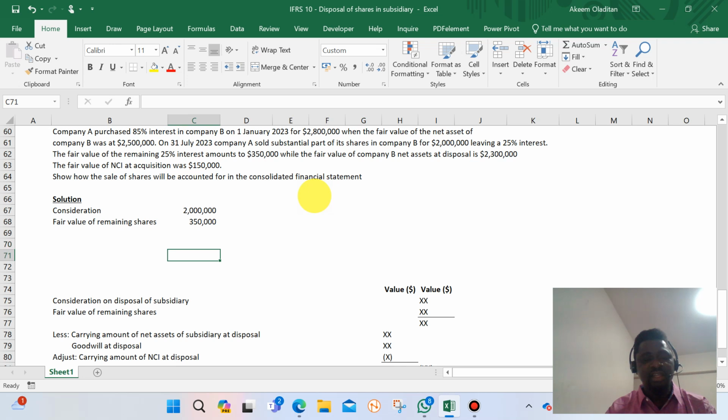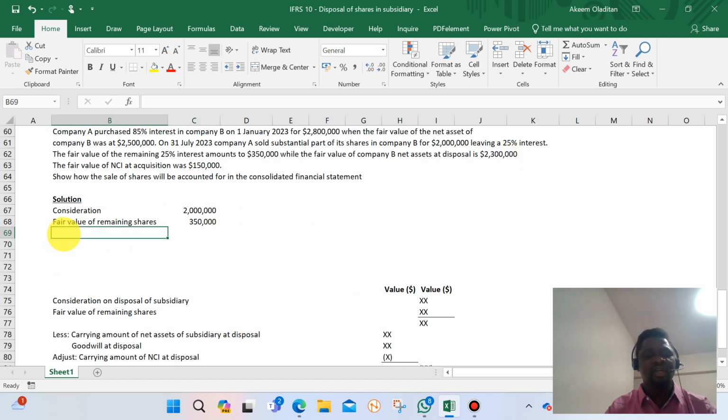The next thing in the template says carrying amount of net asset of subsidiary at disposal. Do we have it in the question? If you don't have it, we have to calculate it, but I think we have it. The fair value of company B net asset at disposal is 2,300,000.